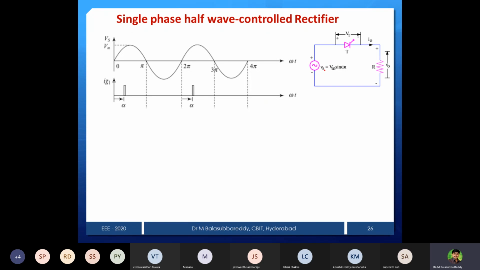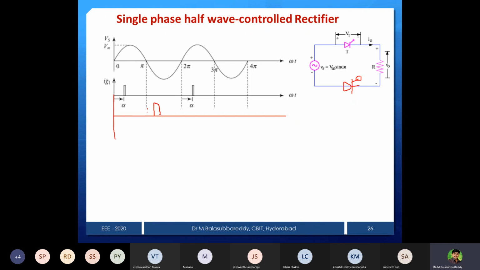That's why generally we don't provide the firing pulse for the negative half cycle if it is only one thyristor. Suppose some other thyristor is there in a full wave rectifier, and that thyristor is forward bias during the negative half cycle, then you can provide one more pulse like this for the negative half cycle at the same alpha. Whatever alpha you provide, if you want to change, you can change here also and here also.